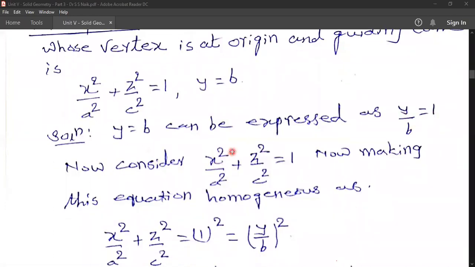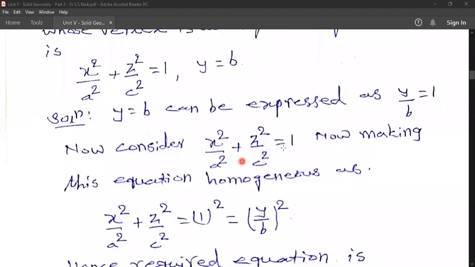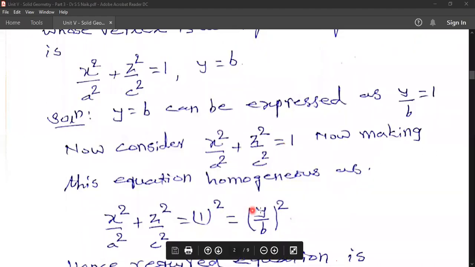Now consider x square upon a square plus z square upon c square equals 1. Now we make this equation homogeneous. How can we make it homogeneous? The 1 on the right can be written as 1 square, and this 1 can be replaced by y upon b.